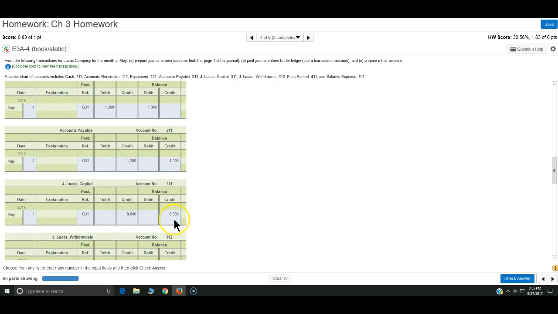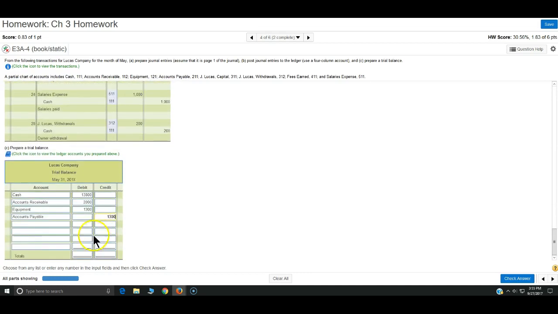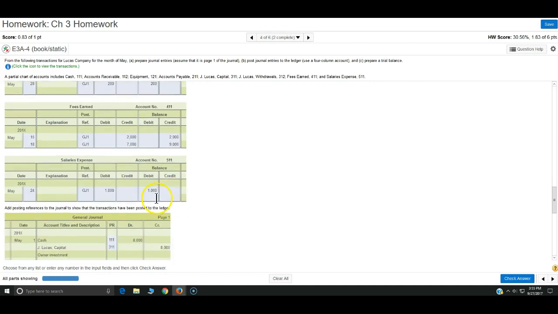Then I've got the capital for $8,000 credit, the withdrawals 200 debit. So capital for $8,000, credit balance, and a $200 debit balance to the withdrawals account. And then the remaining two accounts are the fees earned, 9,000 credit, salary expense 1,000 debit.